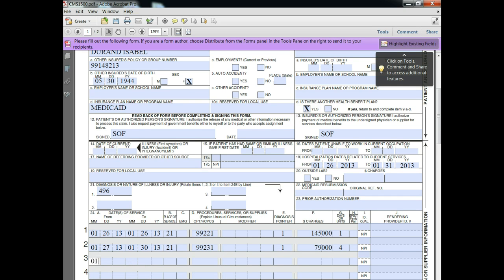Then the last entry is 1/31/13. Again, we're in our place of visit. Place of service is a hospital.